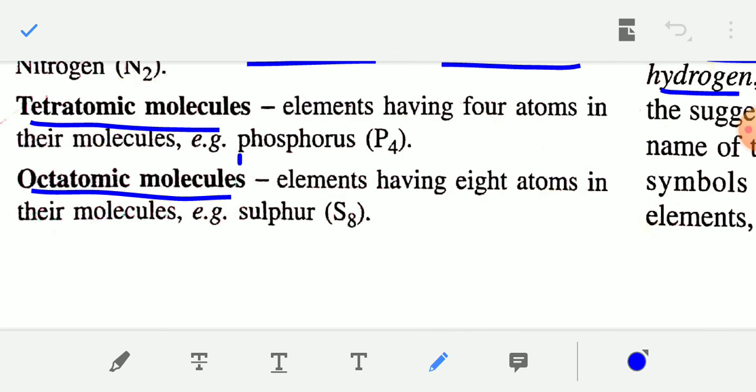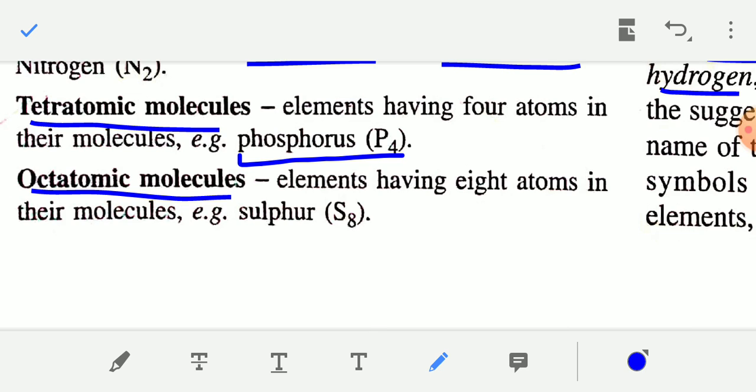And tetraatomic molecules: elements having four atoms in their molecules are known as tetraatomic molecules. For example, phosphorus is a tetraatomic molecule because in a phosphorus molecule there are a total of 4 atoms. Similarly, triatomic molecules means molecules made up of 3 atoms. And octatomic molecules means molecules made up of 8 atoms.